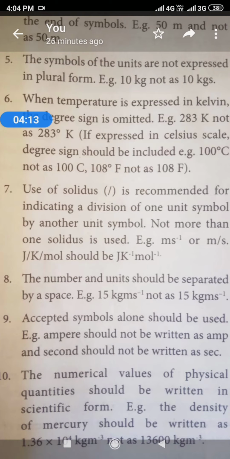So when we use the Kelvin, degree sign is omitted, but for Celsius and Fahrenheit, degree sign should be included.